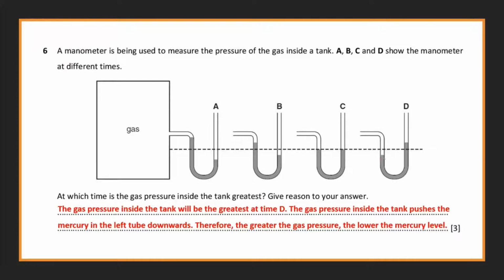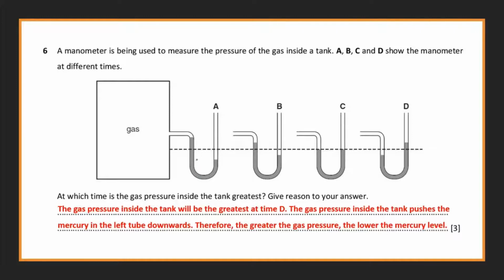That shows you that the gas pressure inside the tank is the greatest. But if the question is changed into which time is the gas pressure inside the tank lowest, then you have to choose the highest mercury level in the left tube, which is drawing A.